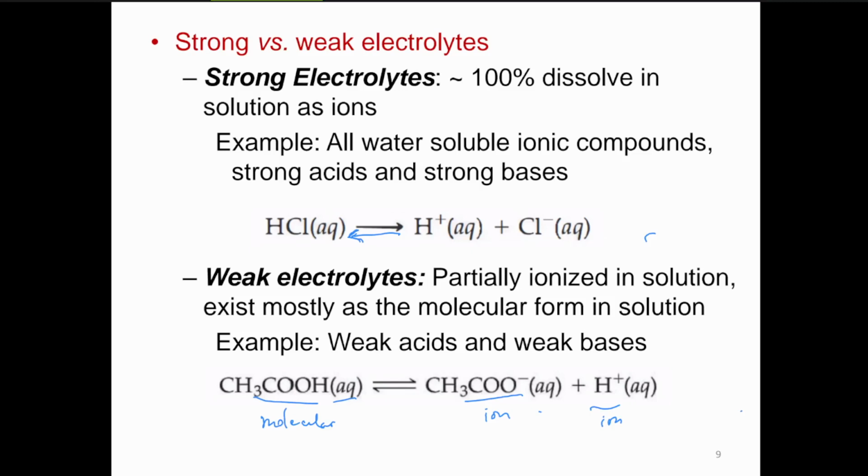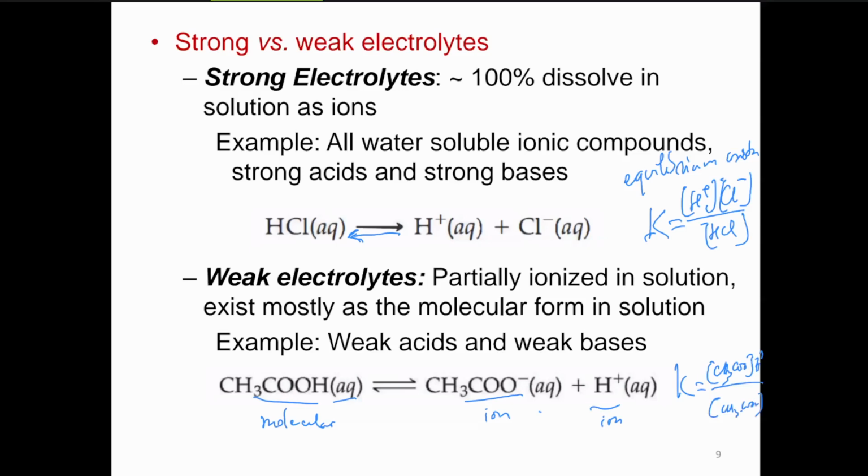So both strong and weak electrolytes have equilibrium, and they have an equilibrium constant. For HCl, K equals H+ times Cl- over HCl. The same here: CH3COO- times H+ over molecular CH3COOH.